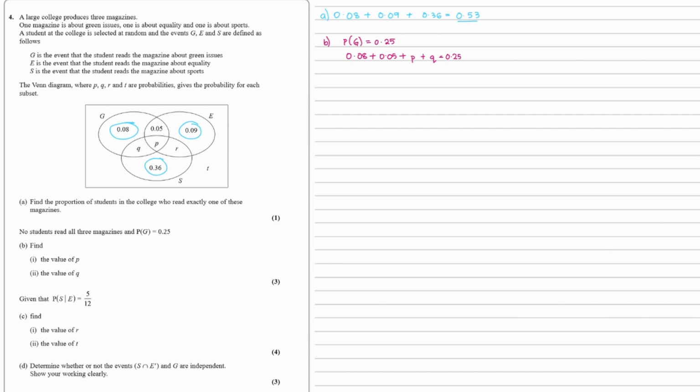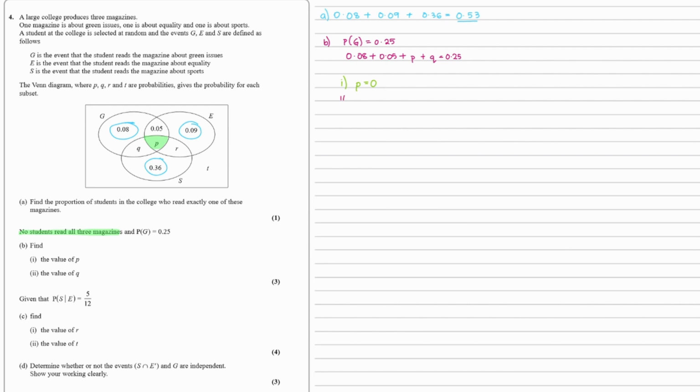We've also been told that no student reads all 3 magazines, and this is the section which represents all 3 magazines being read. And because no students read all 3 magazines, that means for part 1, we can say that P is equal to 0.